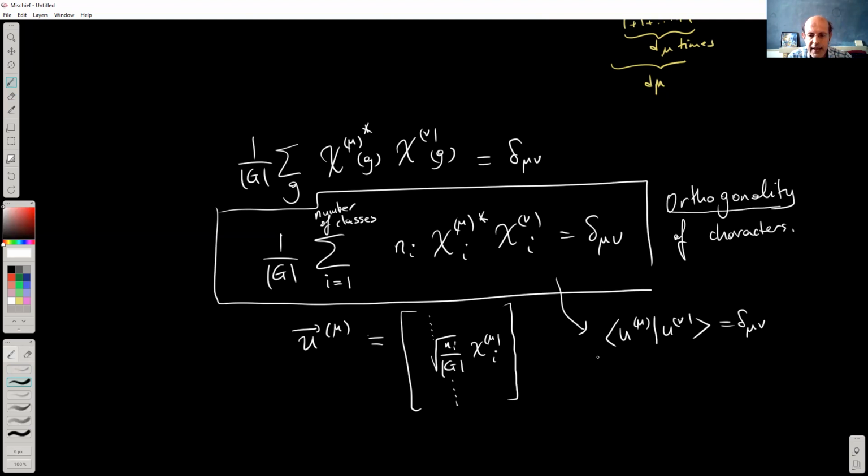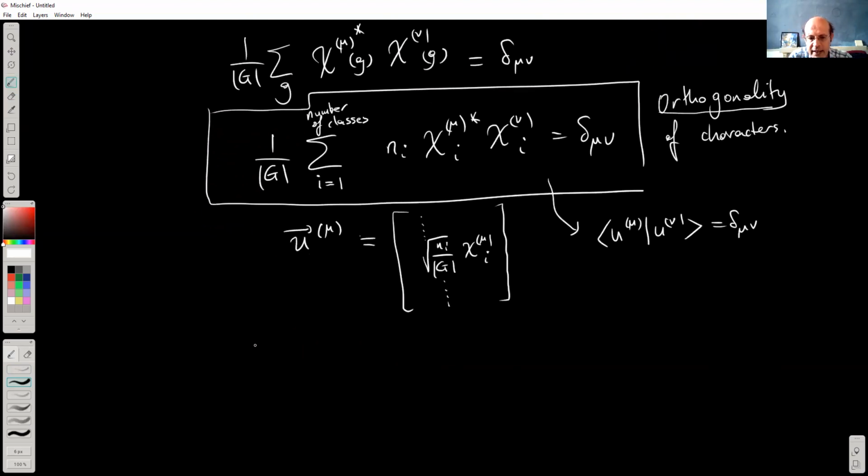But in any case, the thing that I have done above, I can do it in here. So therefore, I can say that the number of irreducible representations, which is basically equal to the number of different vectors that I can define in here, should be less than or equal to the dimension of this vector space, which is equal to the number of conjugacy classes.